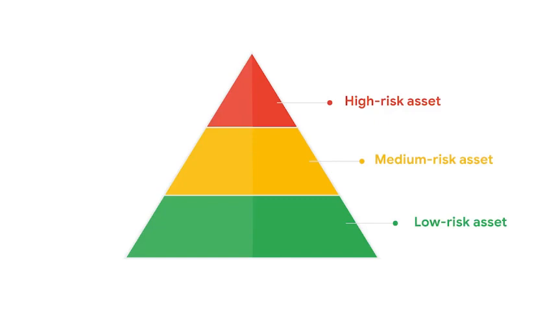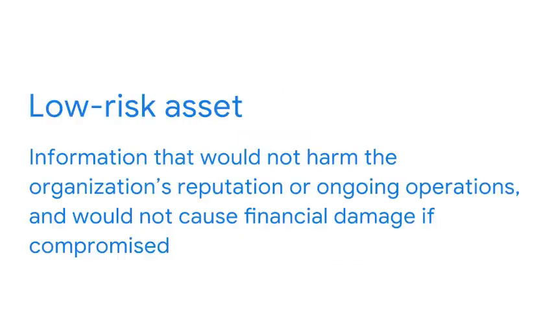Organizations tend to rate risks at different levels, low, medium, and high, depending on possible threats and the value of an asset. A low-risk asset is information that would not harm the organization's reputation or ongoing operations and would not cause financial damage if compromised.